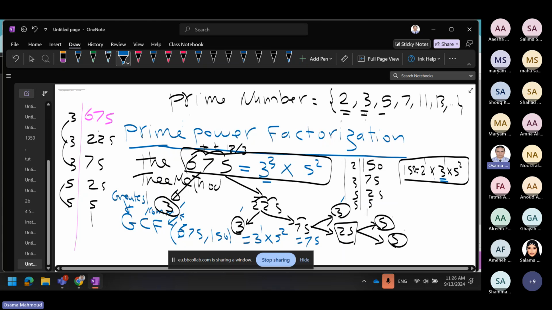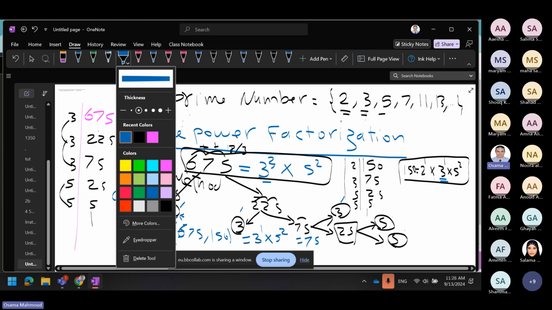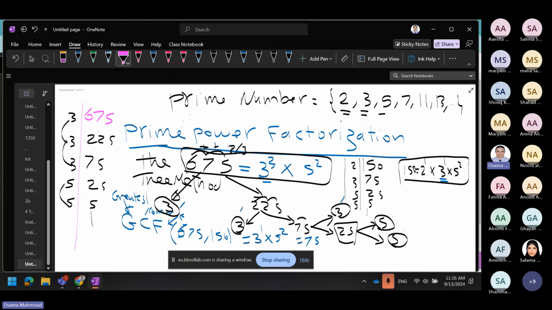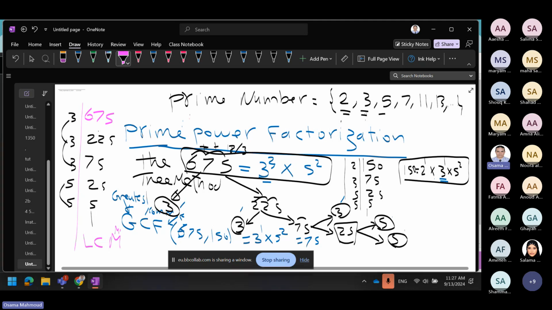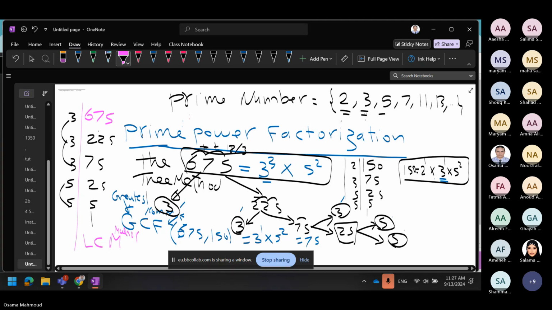You have something else called, yes, I hear you saying, the LCM. What is the LCM? I know C for common, M for multiple, but L for least common multiple. In this case, for 675 and 150, how to find it?